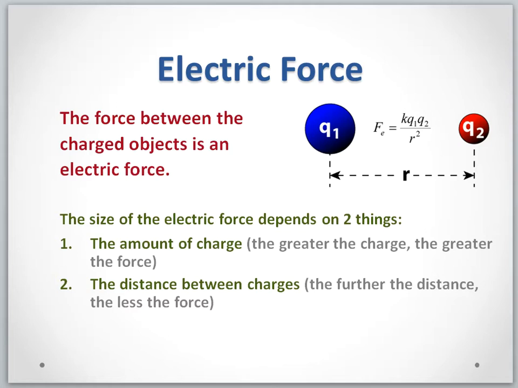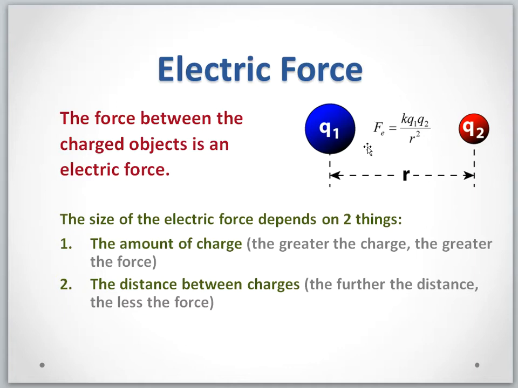If you take physics next year, you would calculate some of these forces acting between charges. But what I want you to know is that the magnitude of the force between two charged objects really depends on the electric charge and the distance between them. So that's the main thing I want you to know.